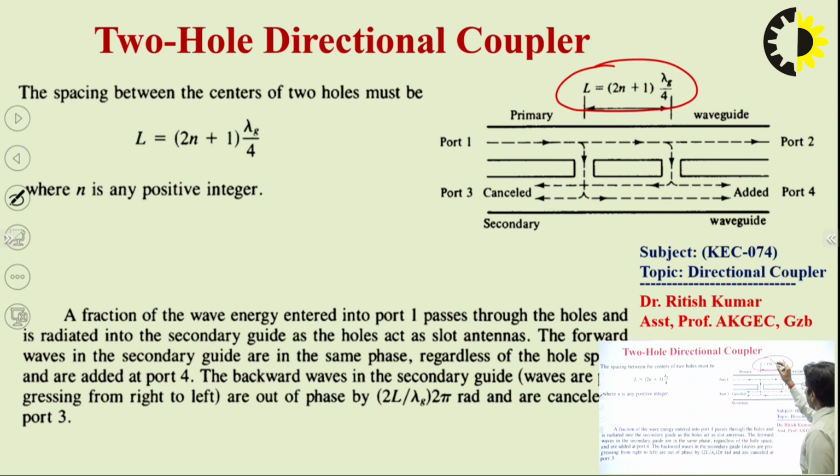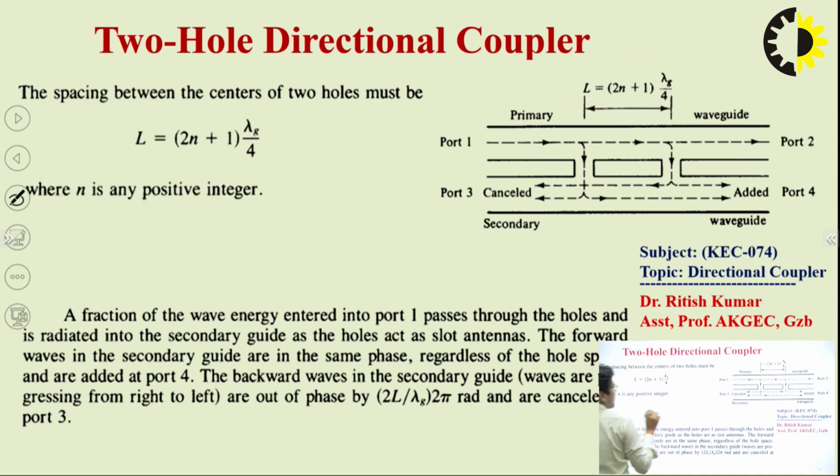Why do we take this dimension here? Because if we calculate the phase difference with respect to this length, we will have pi by 2.